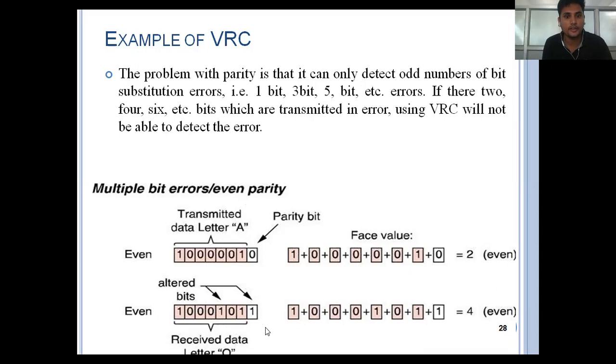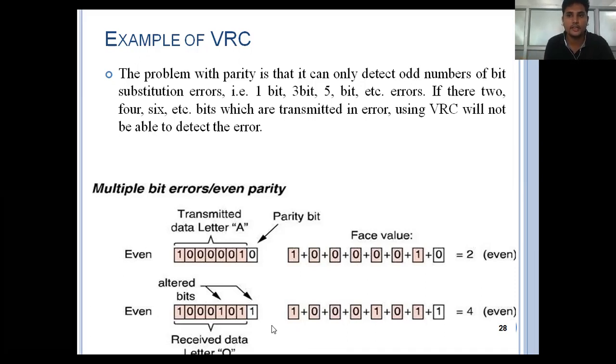Now it becomes even parity. The odd parity becomes even parity by adding 1 to the original data. So the data we have to receive is 1000101, the original data, with the additional 1 added so it becomes even parity.